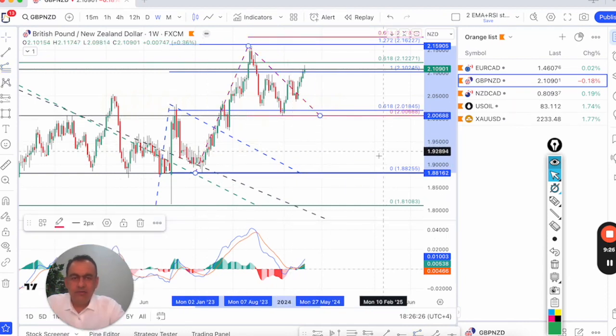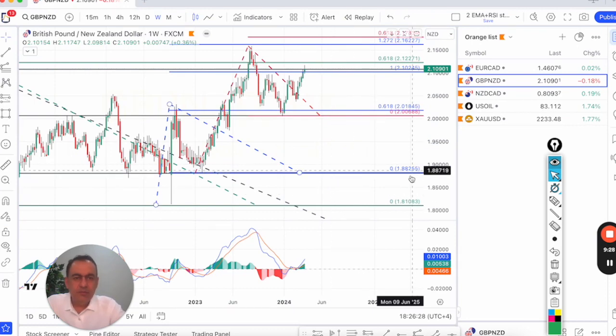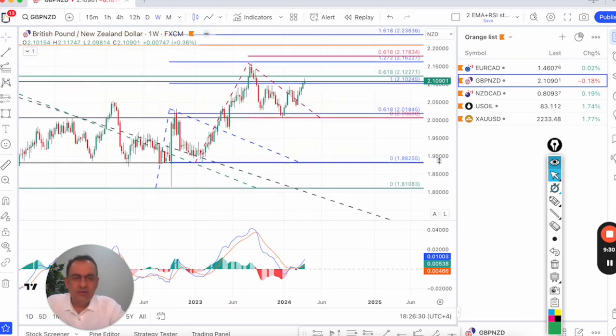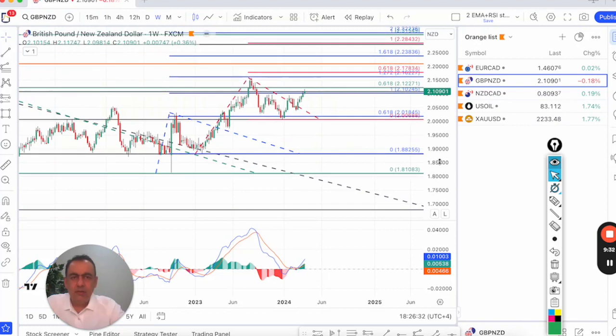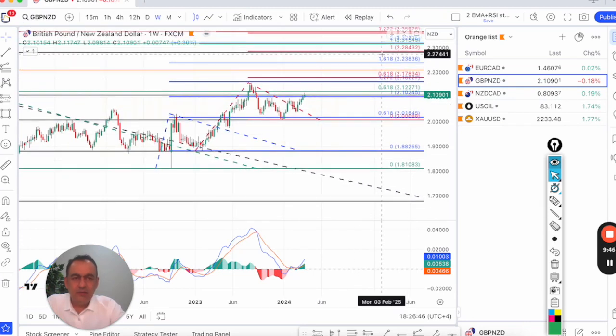So I just need to understand the magnet zones based on different extension levels plotted. So here the first major confluence is coming at 2.17, and the golden line is the Fib retracement line, which is at 2.20, and the exact magnetic zone is around 2.28 to 2.30.